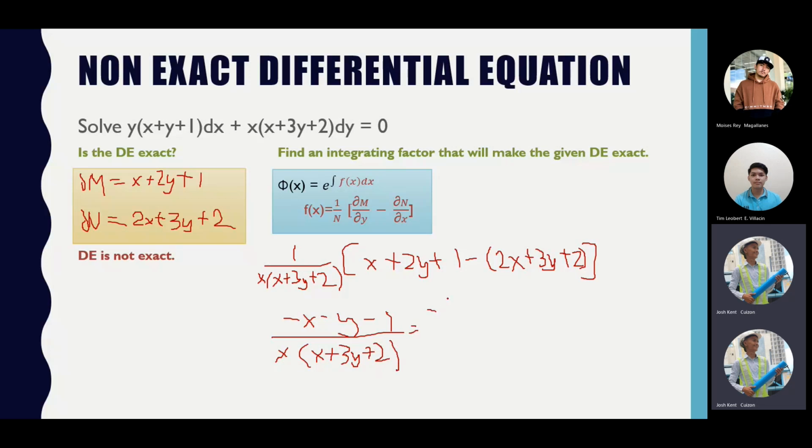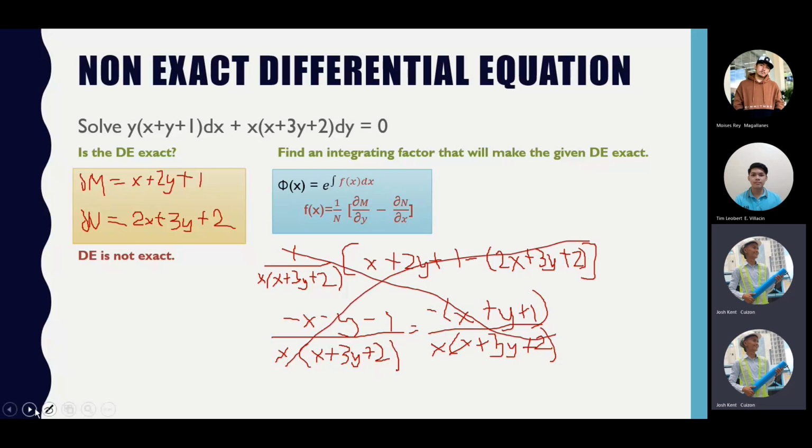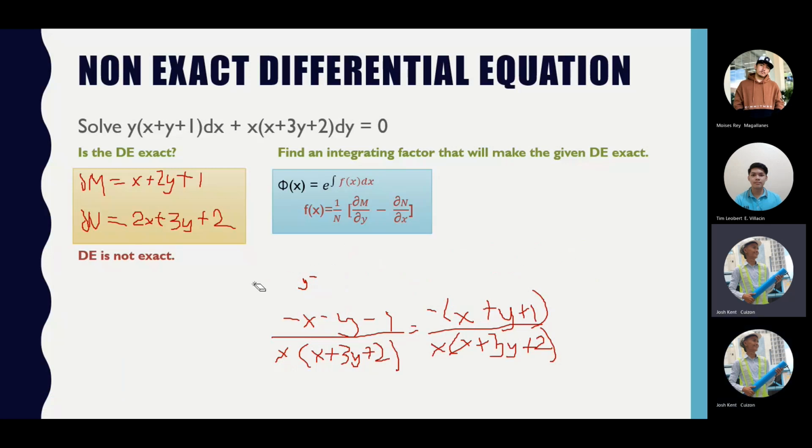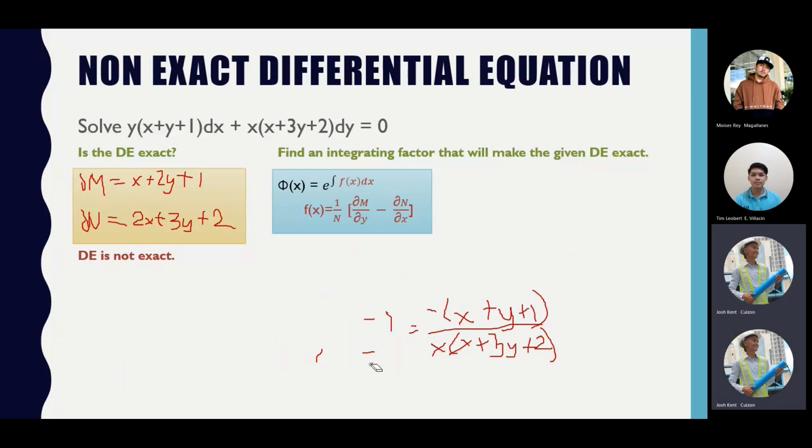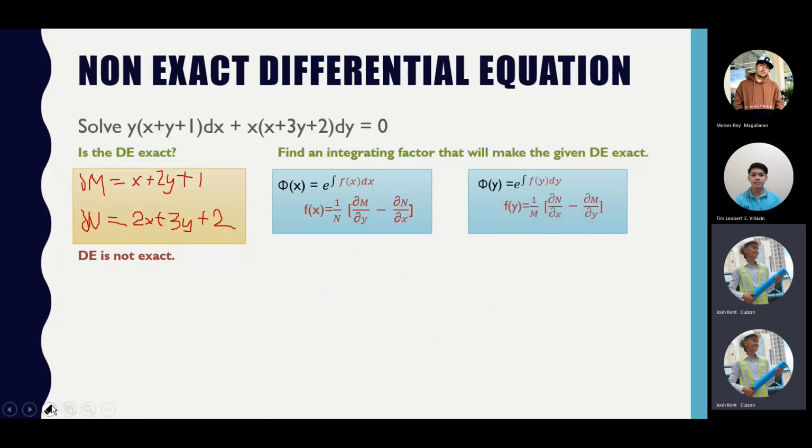Even if we simplify, negative times x plus y plus 1, we still do not get anything to cancel, right? x times x plus 3y plus 2. So we still cannot cancel, with x and y. So therefore, this is not it. If this is not it, let's try the next case, which is phi of y.